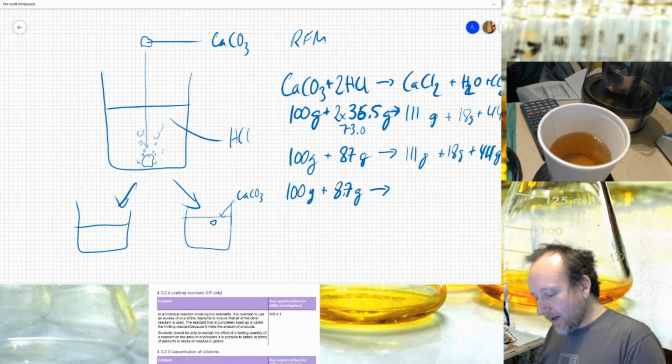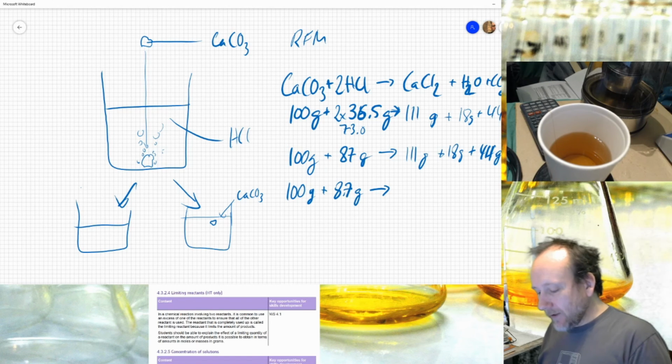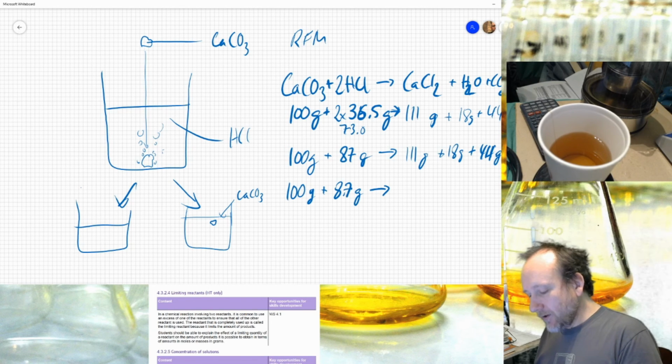But I don't have 73 grams. What I do have is 8.7. So at maximum, what I will get is a proportion of this 73 grams, 100% possibility, reacting with my marble chips.